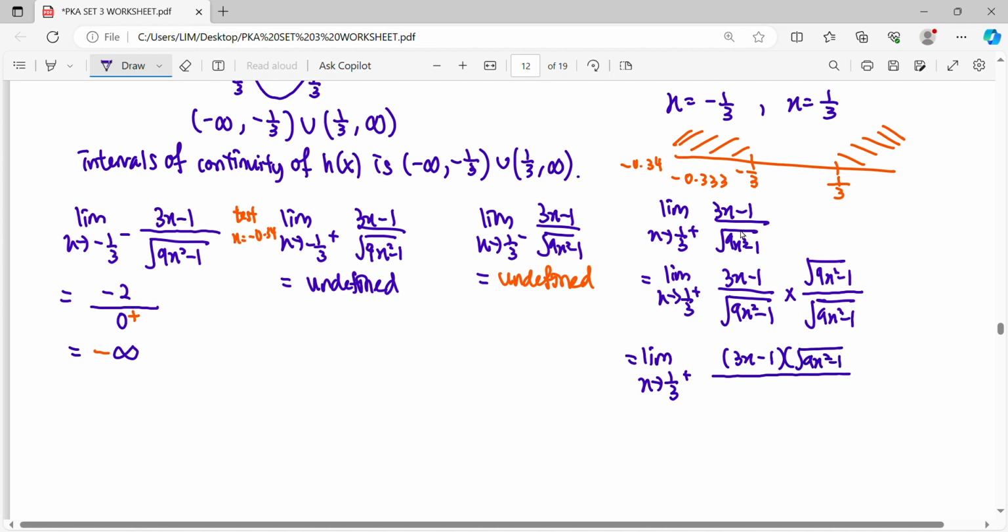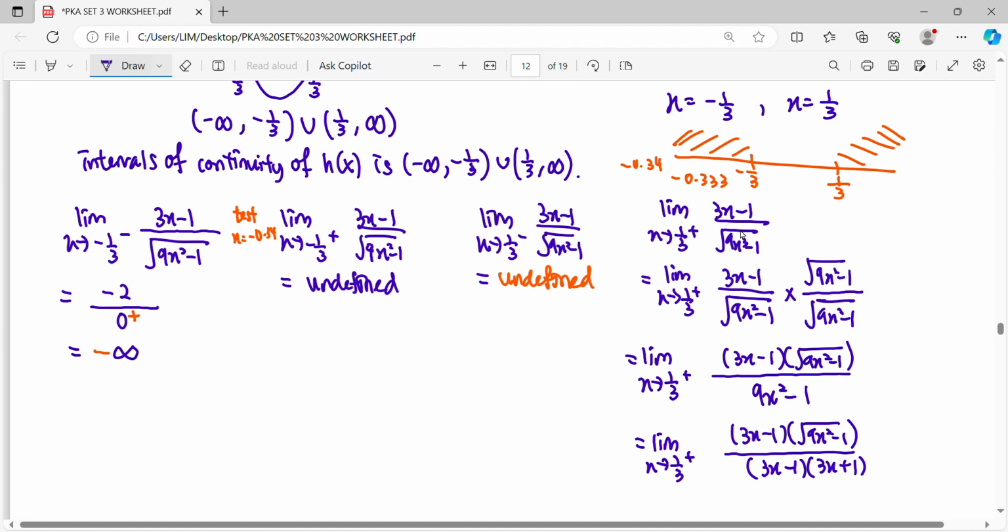So after you rationalize it, you get 9x squared minus 1. Not yet simplified, right? Not yet. So we still can simplify. What can we do? Factorize. For the quadratic at the denominator, 9x squared minus 1, it can be factorized as 3x minus 1, 3x plus 1.